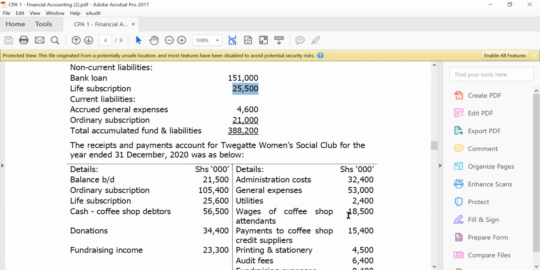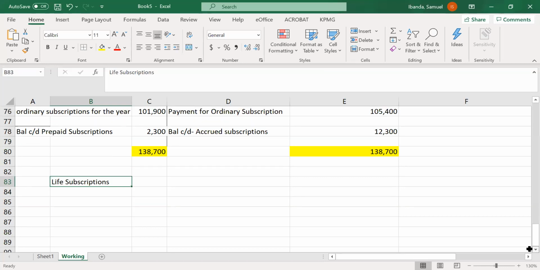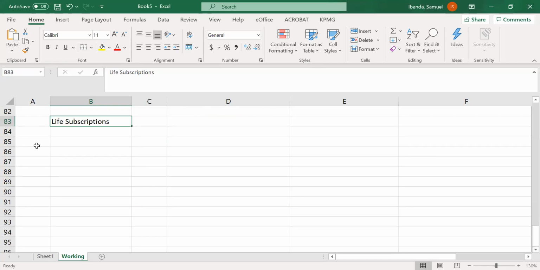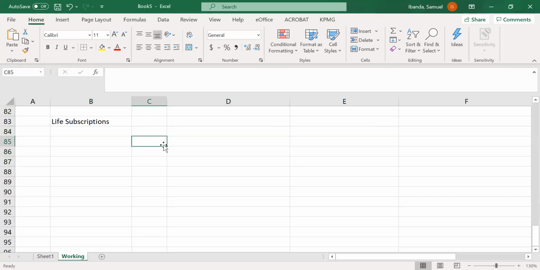So how do we do it? Recognize the liability, what we are going to recognize as the life subscription for the year, and then what liability will remain. We are going to draw up our life subscriptions account.